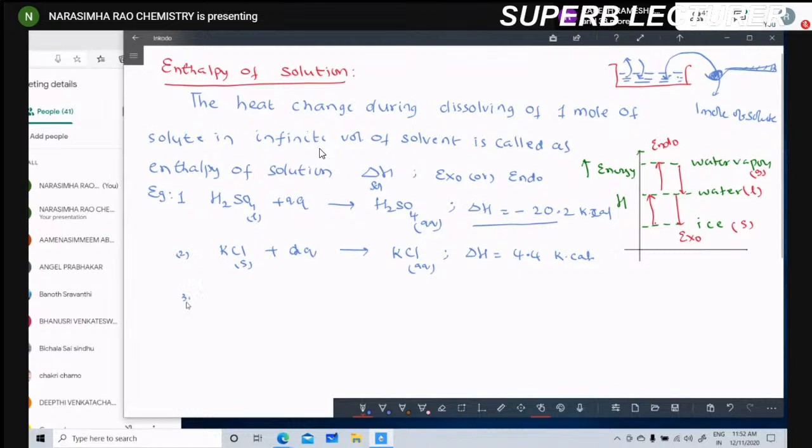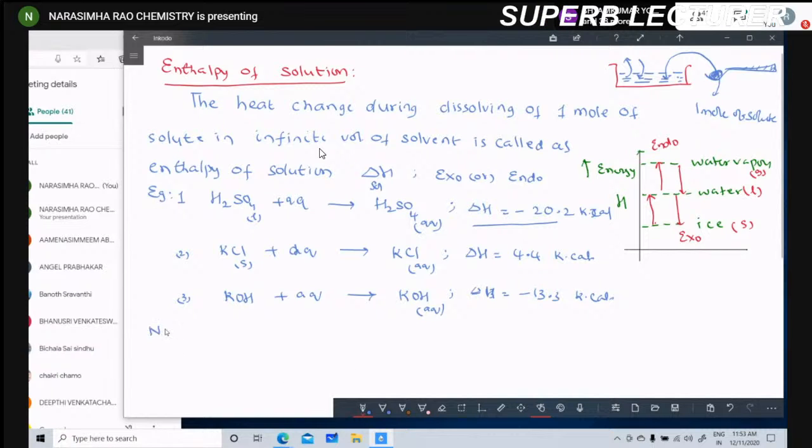Another example, children: potassium hydroxide is dissolved in water, forming the aqueous solution of KOH. For this process, delta H is equal to minus 13.3 kilocalories.